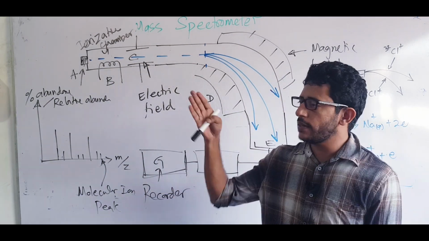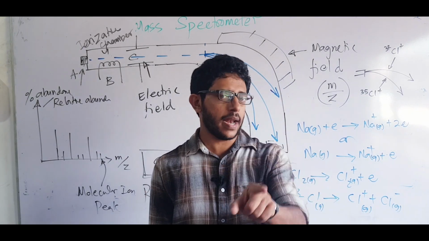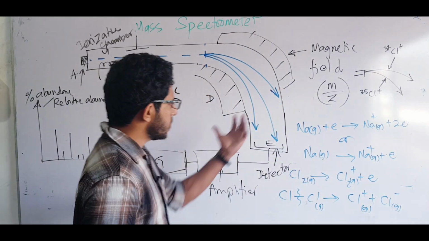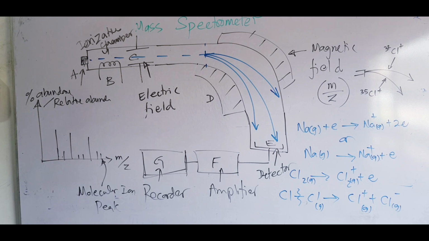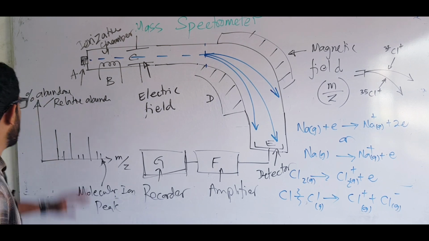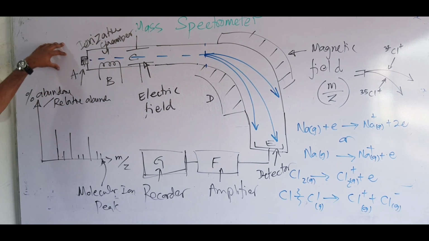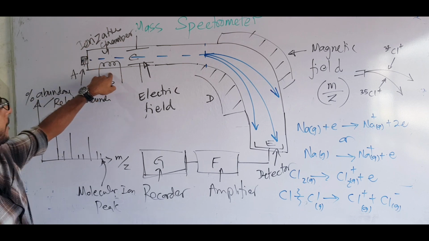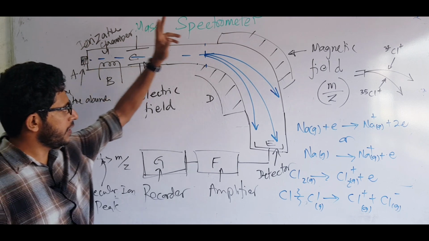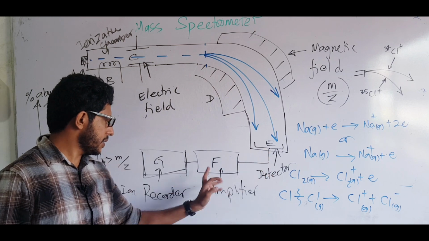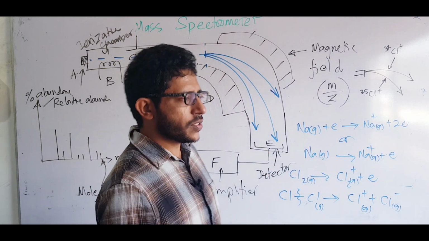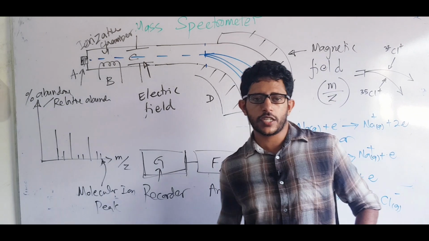We'll talk about the mass spectrum of chlorine and bromine in the next video. So this is the rough idea about what happens in the mass spectrometer. You have the high temperature region, here you have the ionization chamber, electric field, magnetic field, detector, amplifier and recorder. So that's what happens in each section.